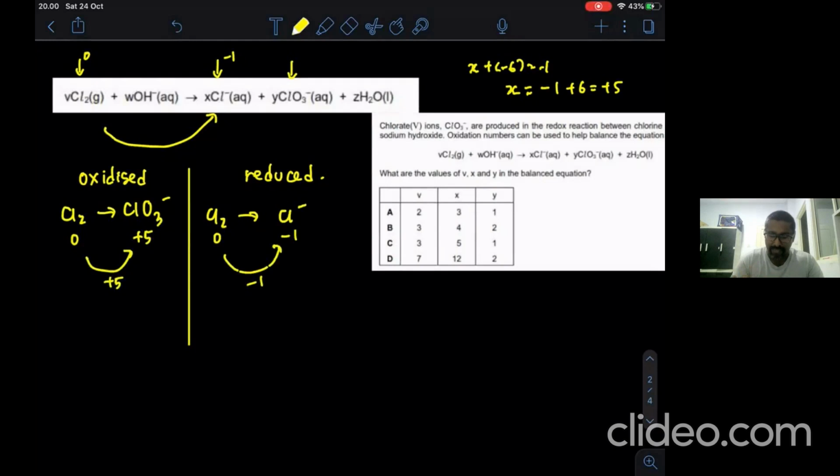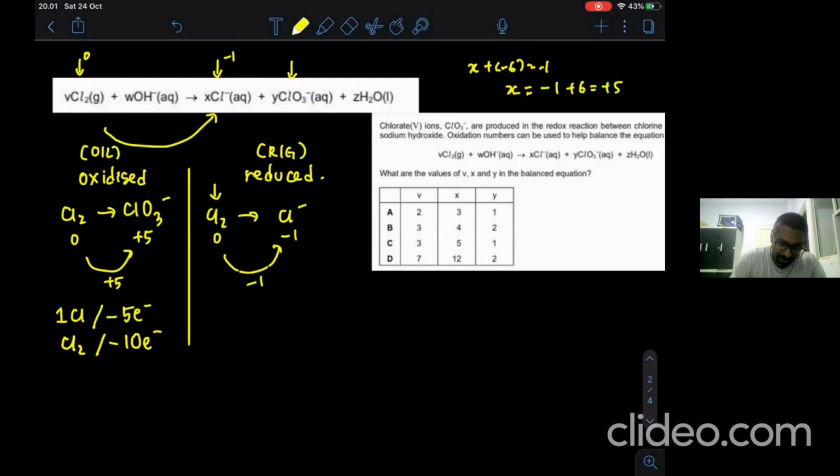Here, we need to find out in terms of electrons. Oxidation is loss, as in OIL RIG. Every 1 mole of Cl, please take note of this, is going to lose 5 electrons. But since we have Cl2, every Cl2 is going to lose 10 electrons. Please take note of this. Again, this is going to be Cl2.